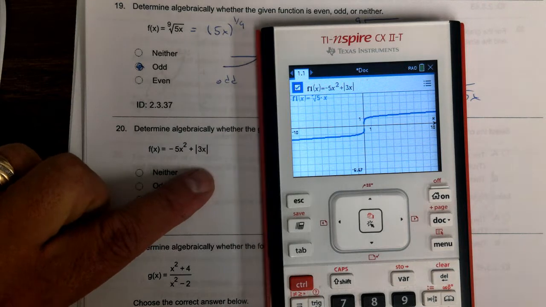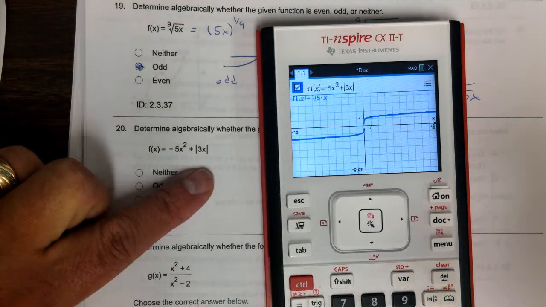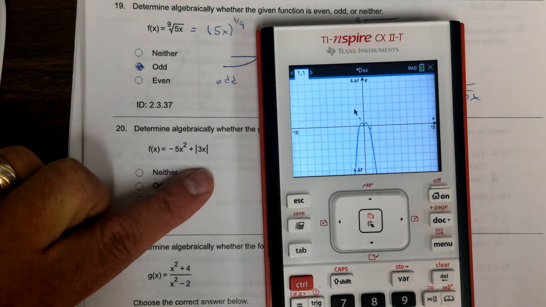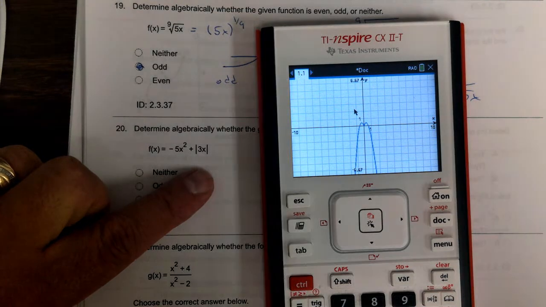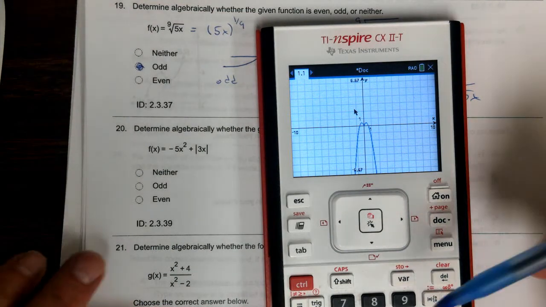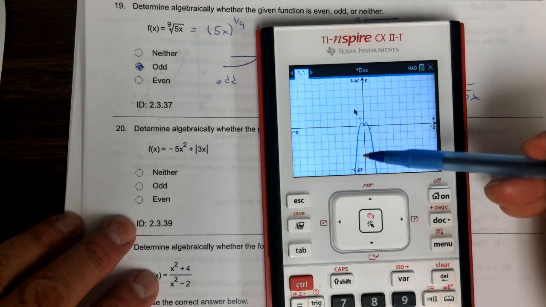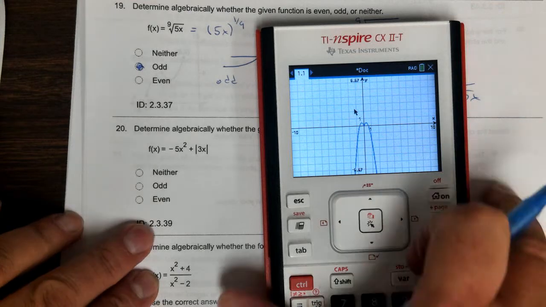So this function is not just quadratic, it's not just absolute, it's both. So it's a combination of functions, which is kind of like what they do in calculus also, showing you different types. But this is an example that's symmetric to the y-axis, and so that'd be even.